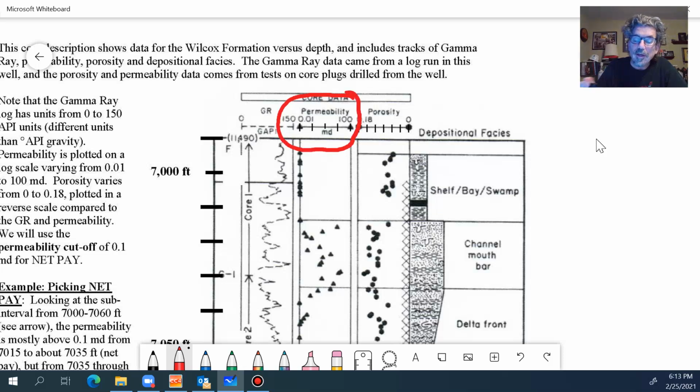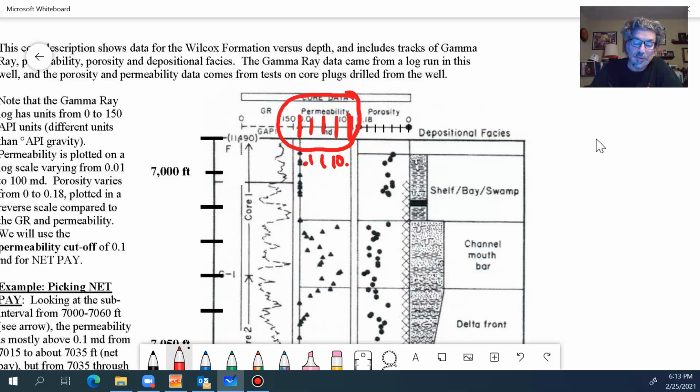Here's a permeability scale, and you can see it goes from 0.01 to 100 millidarcies, and it's a log scale, so this is 0.1, 1, 10, put the decimal points there, and so every bar is a factor of 10.